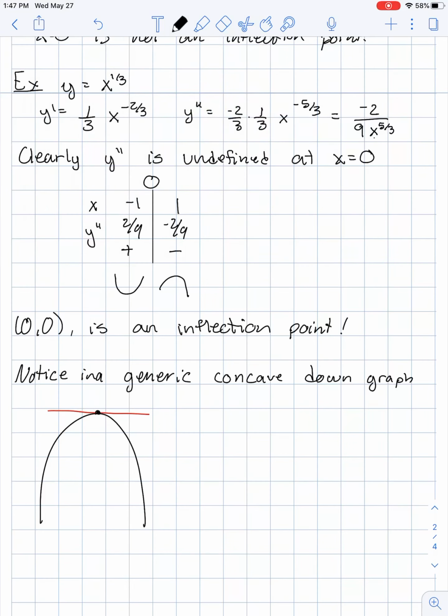I can look at the graph and tell that that's a max.